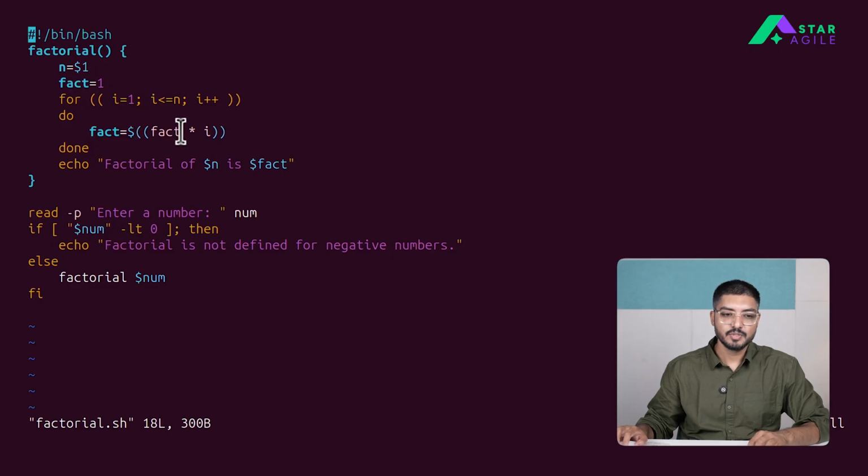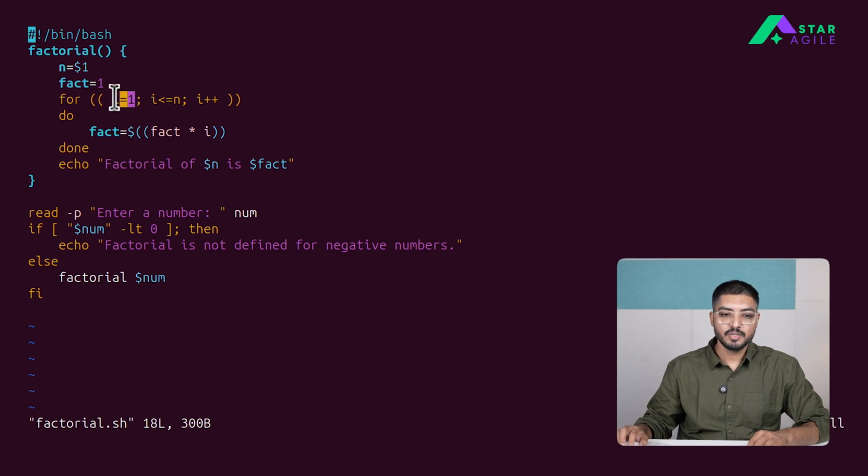So it will take this value: fact is 1 into i, which is 1. It will store the value here, and then print whatever number you provide. This will keep on updating. So the first value is 1, so it takes 1 into 1, which is 1. After that the fact value is 1, then the value of i changes to 2.